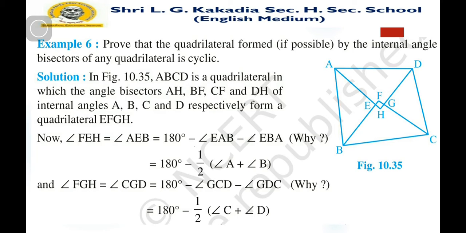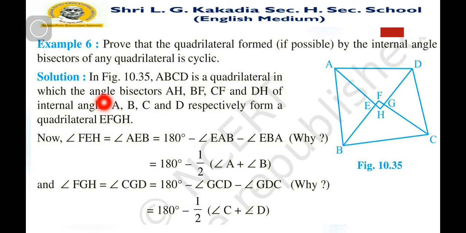If you draw any such quadrilateral, and draw the bisector of each angle, here AE is the bisector of A, DG is the bisector of D, CG is the bisector of C, and BE divides angle B into two equal parts, that is ABE and CBE are equal.